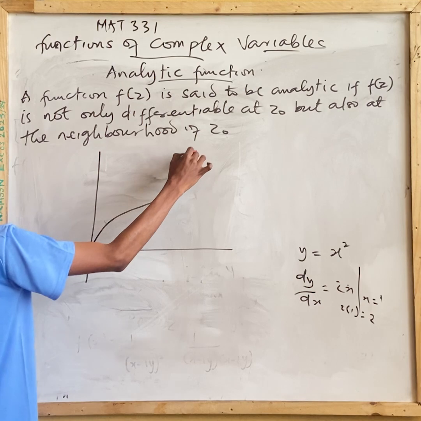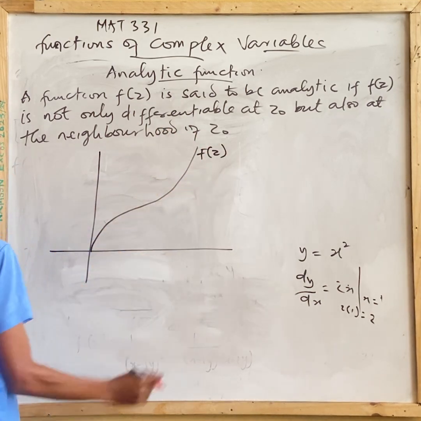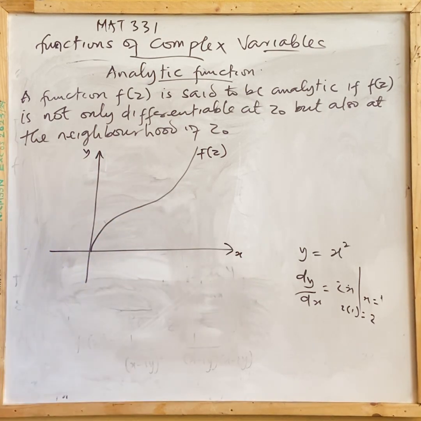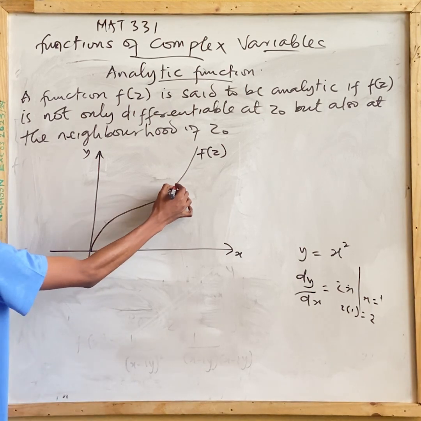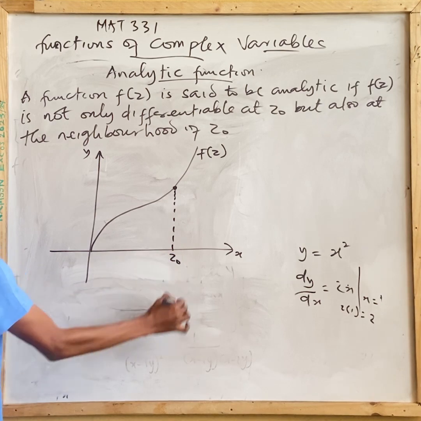Suppose we have a curve now, and let's say this curve is f of z. This is the y axis and this is the x axis. Okay, I pick an arbitrary point, let's just pick any point here. Let's call it z naught.